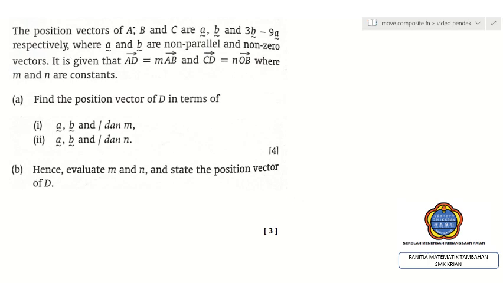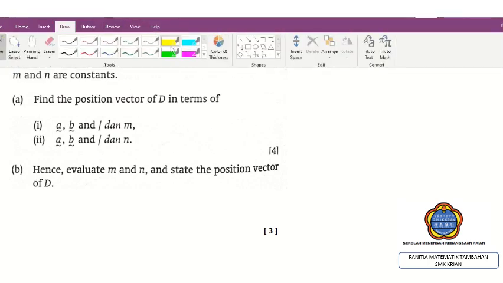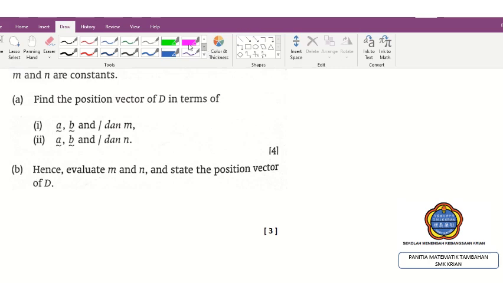Okay, position vector. What is actually position vector? The word position vector is very important for you to know the meaning, because this one will determine how you start to solve the question.